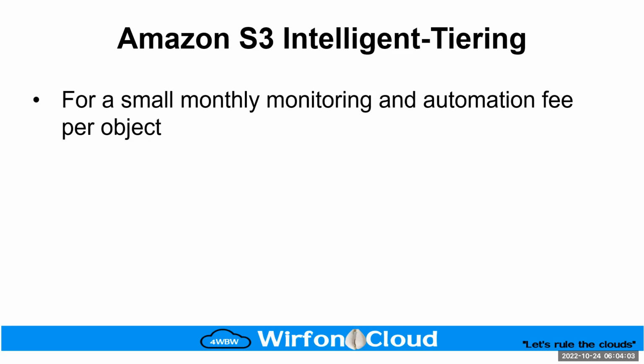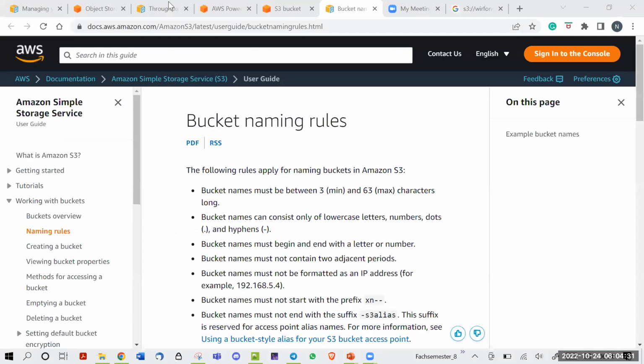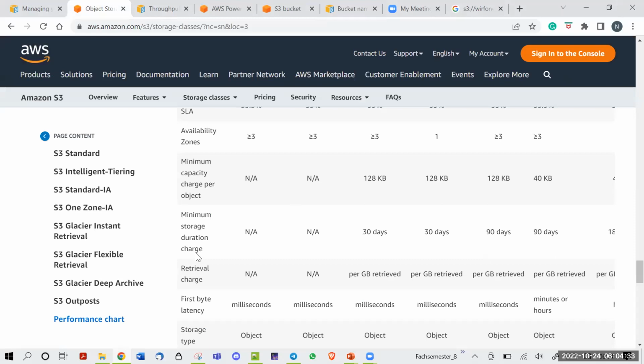So data with S3 One Zone Infrequent Access is not as highly available as in S3 Standard, in which your data is stored in a maximum of 3 availability zones, for example. So that's availability. Maybe while speaking, I go through this table for a moment.